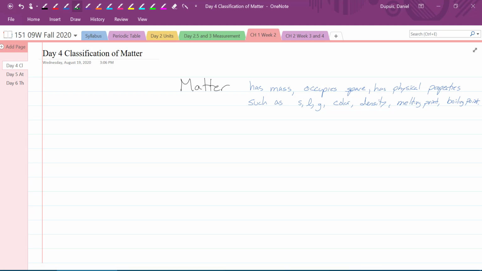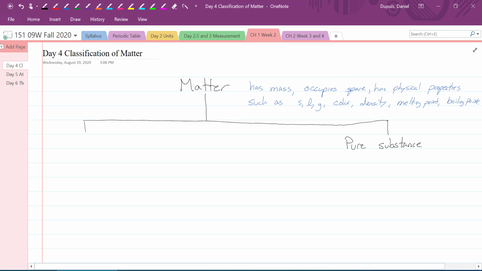All right, and we can classify matter into two basic classifications. First is a pure substance.